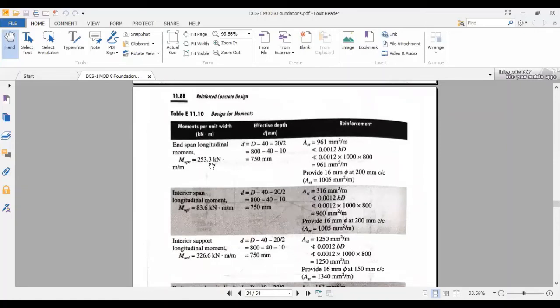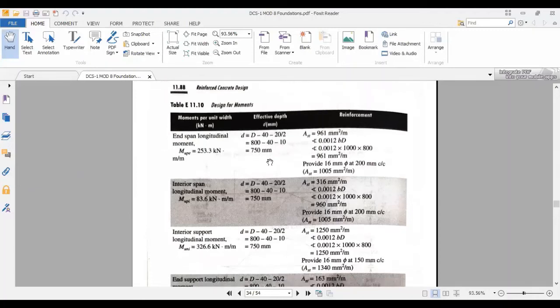So at end span longitudinal moment, it is given by 253.3 kN meter per meter, and effective depth would be D minus 40 minus 20 by 2, and it will be 750. And reinforcement is 961 mm square per meter, and it should not be less than 0.012 times of bD.